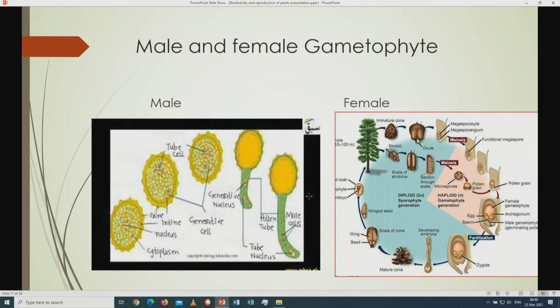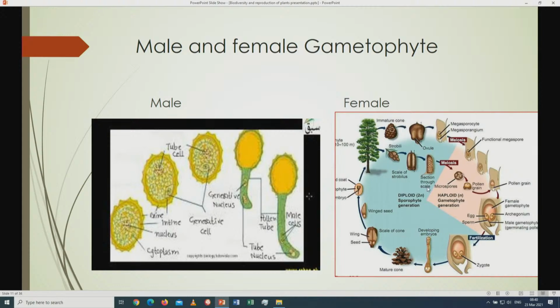This is the oval, which is found at the base of that winged scale leaf. So inside an oval, we get the embryonic sac. So now this embryonic sac is the one which is called the female gametophyte.